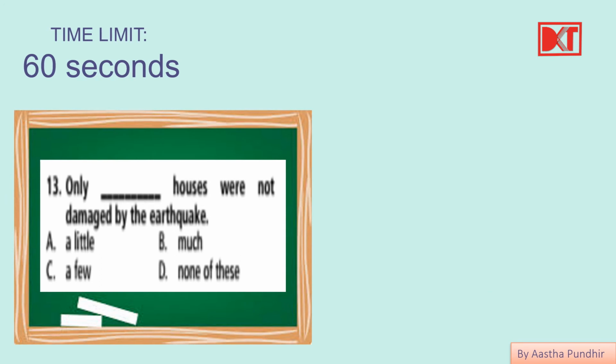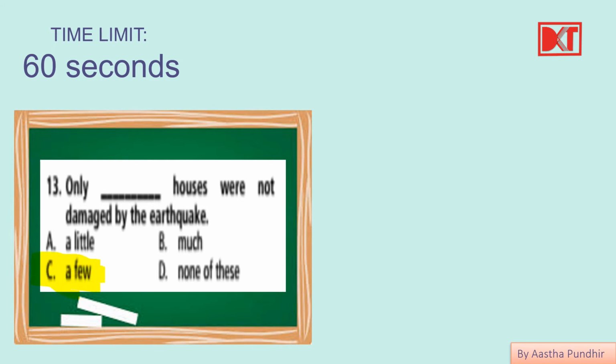Alright, now next. Only dash houses were not damaged by the earthquake. Only a little houses, only much houses, only a few houses, or D, none of these. Here the correct answer is C, only a few houses.